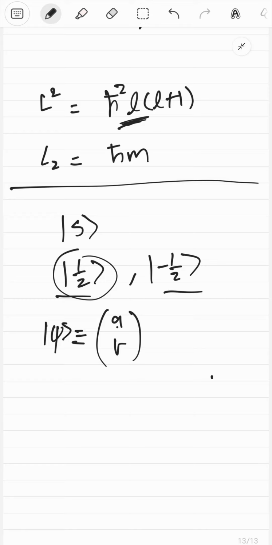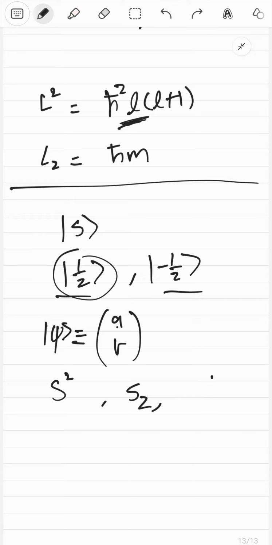Because we said that L squared and Lz are compatible, similarly you have S squared and Sz as the two compatible operators. Also you have these operators, S plus and S minus, sorry, actually these are not compatible with them.